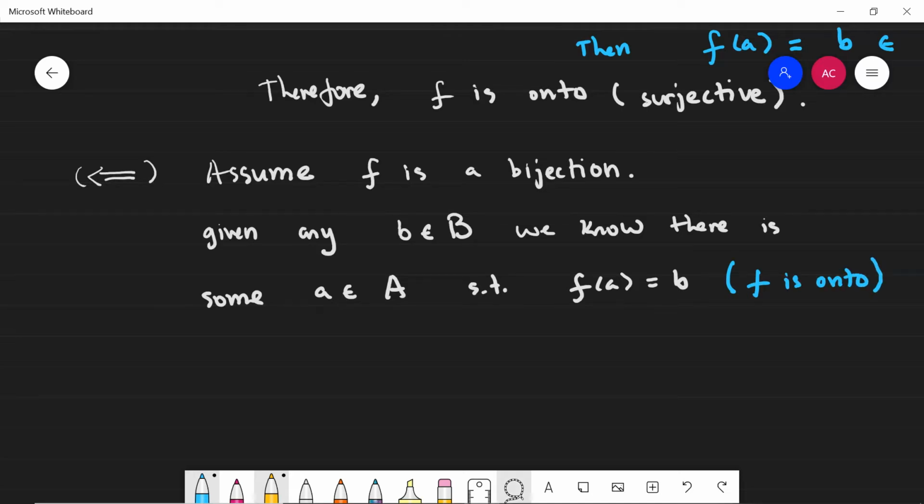So everything in B can be written as F of something coming from A. Okay, so for each little b coming from capital B, what I'm going to do is define a function as follows. Define g evaluated at b to be a. So this defines a function going from capital B to A.